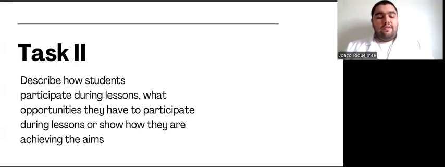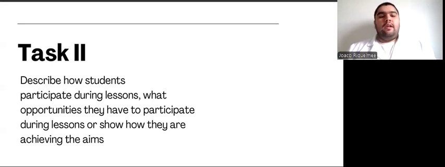Most of the students are very engaged when the class starts. That is because the teacher sometimes uses attention grabbers, in which she starts clapping her hands, and the students do the same as she is doing. So the students have the opportunity to participate during the lessons and show how they are achieving the aims.